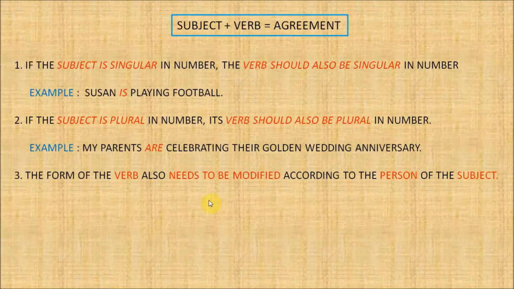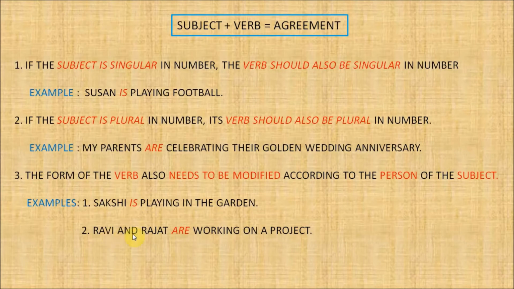Let's clarify this point. For example, Sakshi is playing in the garden. This subject is singular in number, therefore is is used, which is singular in number. Second example, Ravi and Rawat are working on a project. Here Ravi and Rawat is the subject which is plural in number.